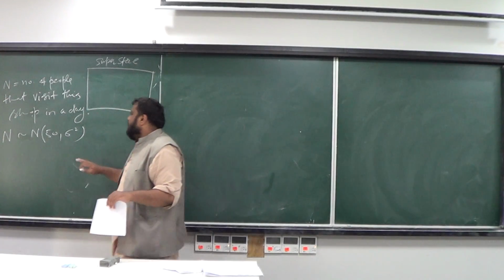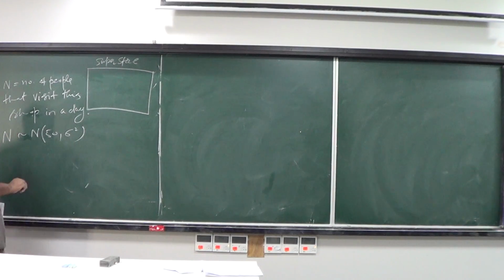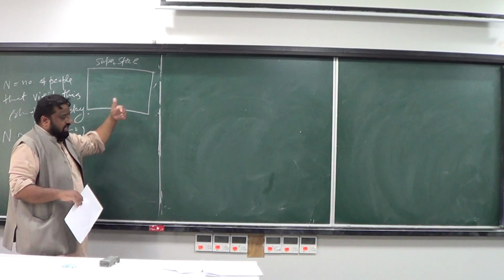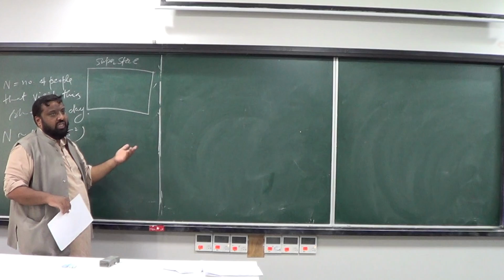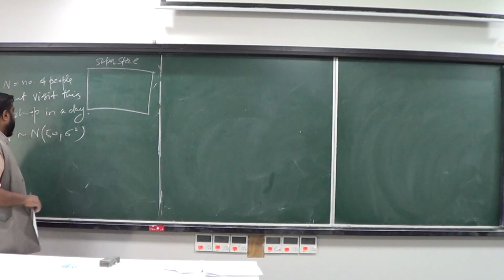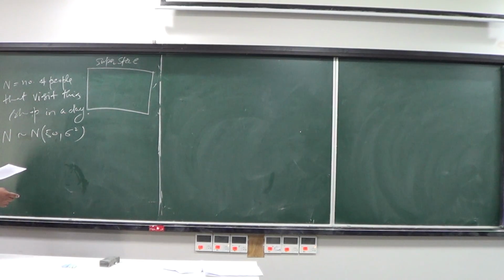So there are on average 50 people which visit this shop, and the number of people is normally distributed. In other words, first fewer people visit in the day, and then the number increases and then decreases, so in fact it makes the bell curve. Anyway, n represents the number of people that visit that shop on that day.